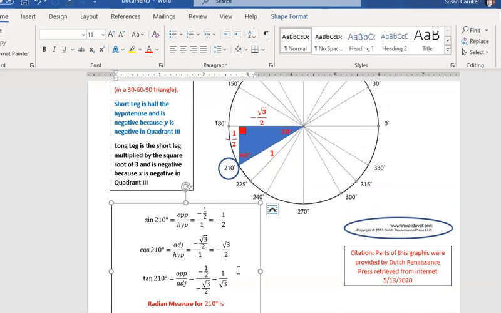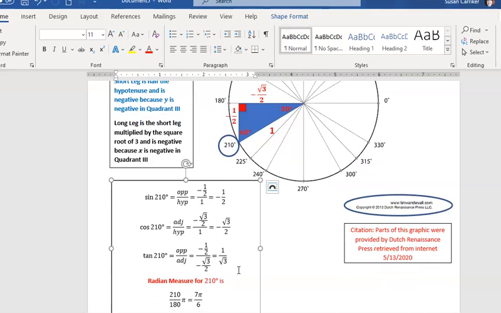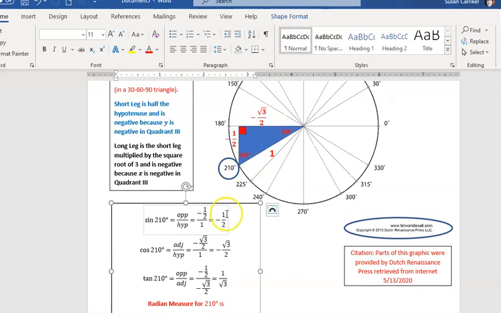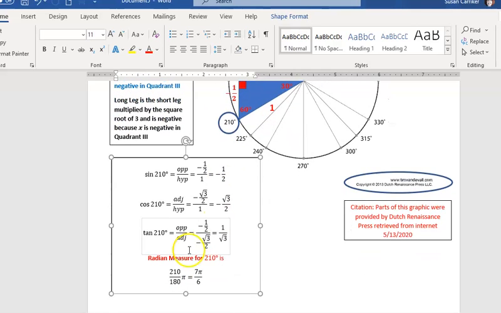The next part is to find the radian measure for your angle. At 210 degrees, you just have to remember that 180 degrees is equivalent to pi radians. And so a real quick way to convert 210 into radians is to divide 210 by 180 and multiply by pi. So you just reduce the fraction, drop the zeros, and divide both of those by 3, and you'll get 7 pi over 6.